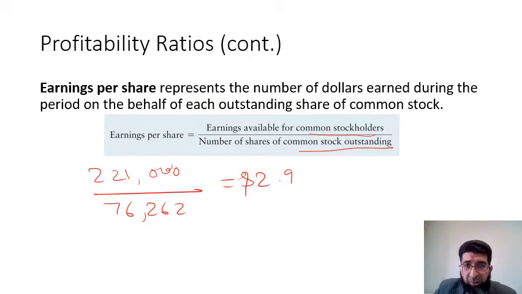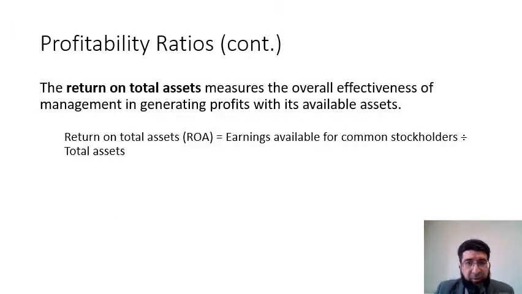Then comes the return on total assets. It basically measures the overall effectiveness of management in generating profits with the available assets. We calculate it by dividing the earnings available for common stockholders by total assets.